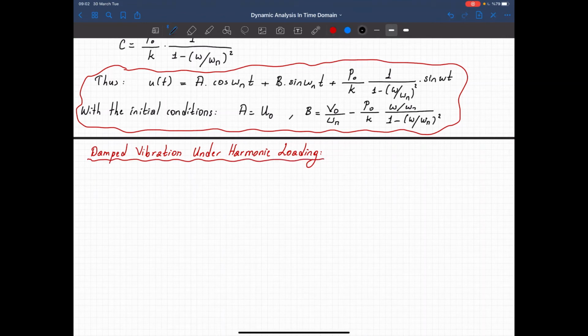In that case, our equation of motion is as follows: m times u double dot plus c times u dot plus k times u is equal to P0 times sine omega t. And again, let's call this one equation star. I will just directly give the solution of the above equation.